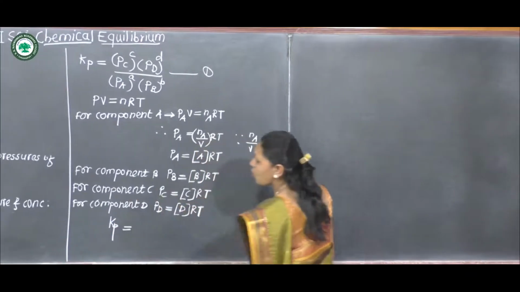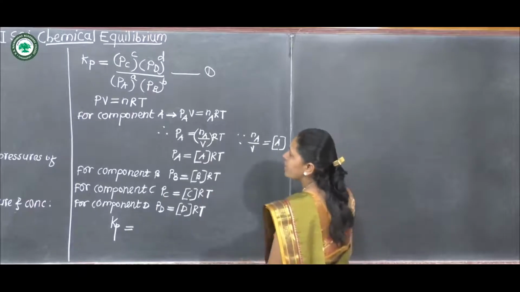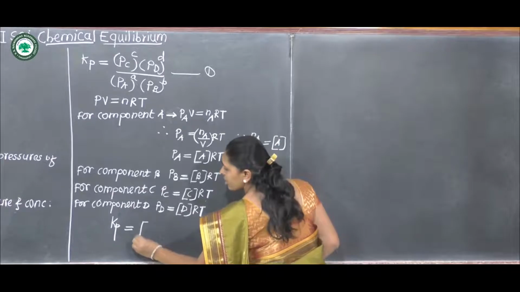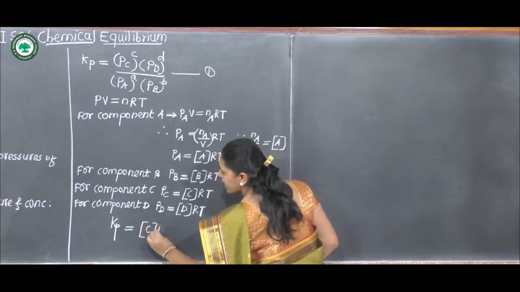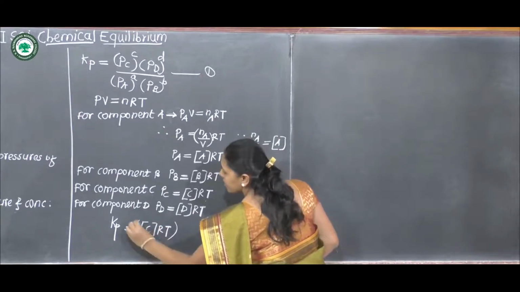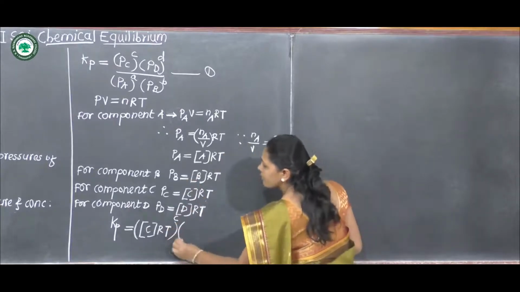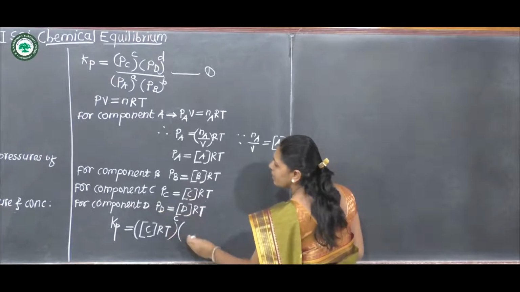Kp is equal to, what is the value of PC? Concentration of C into RT, concentration of C into RT raised to power c into, what is the value of PD?